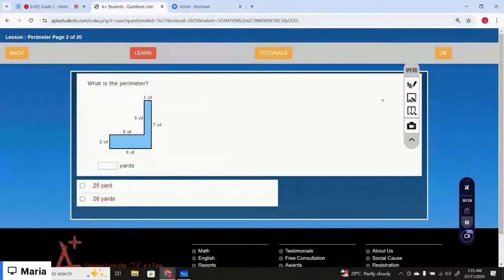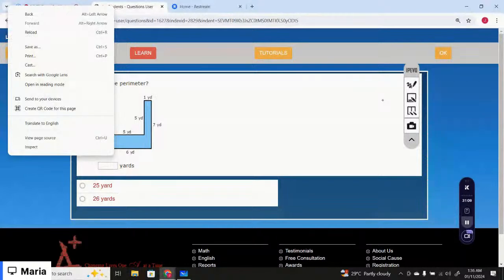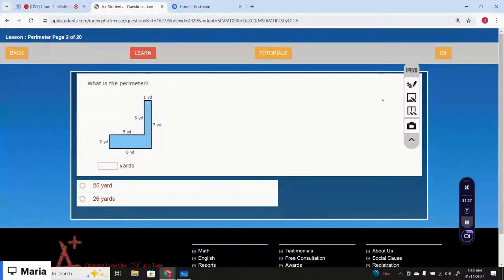Okay, what is the perimeter? Just add all the side lengths. 7, 8, 26.